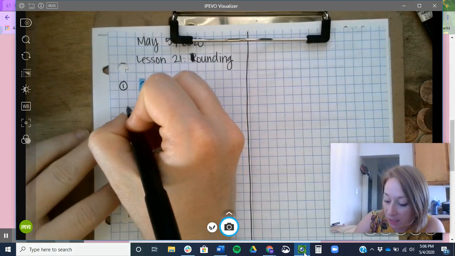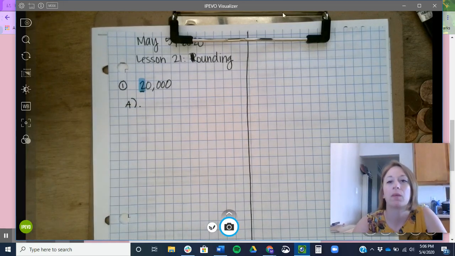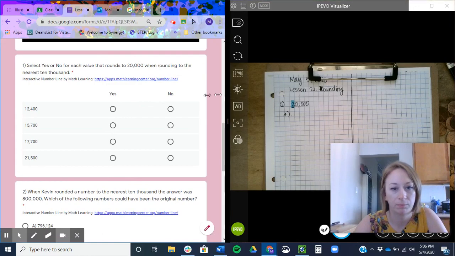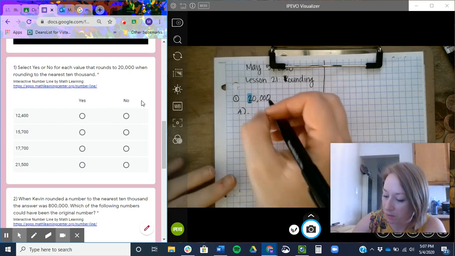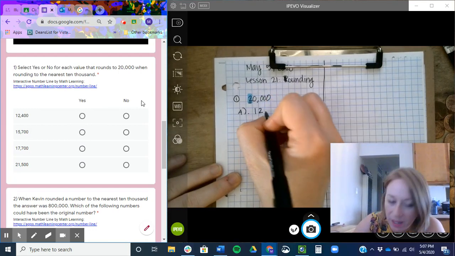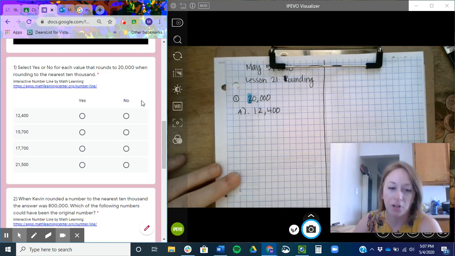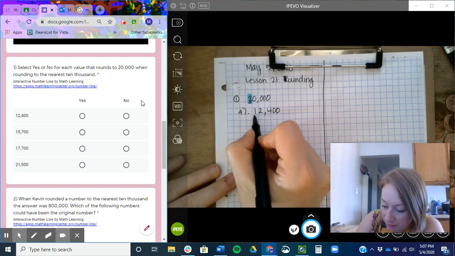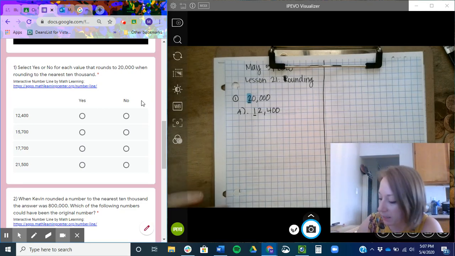We're going to evaluate each of the choices. Letter A is 12,400. And just like in 20,000, the digit that represents the 10,000s place is the 1.